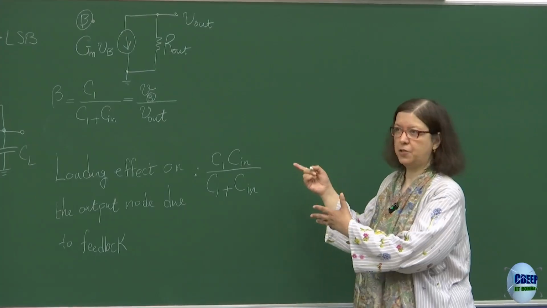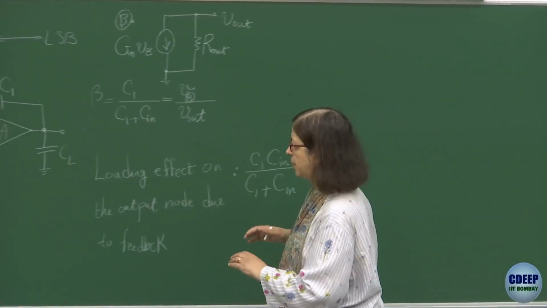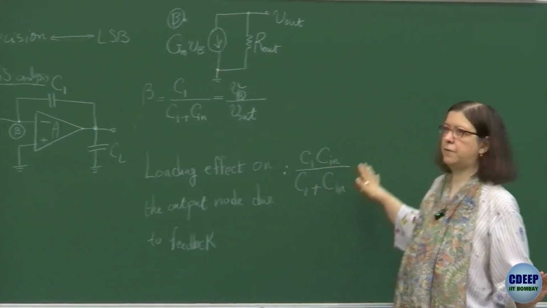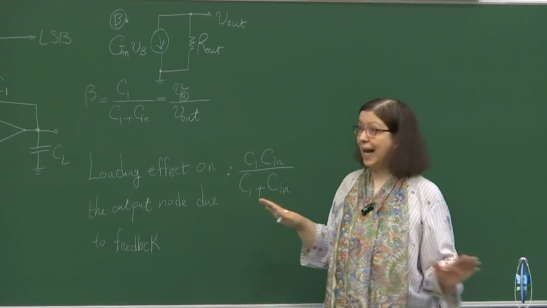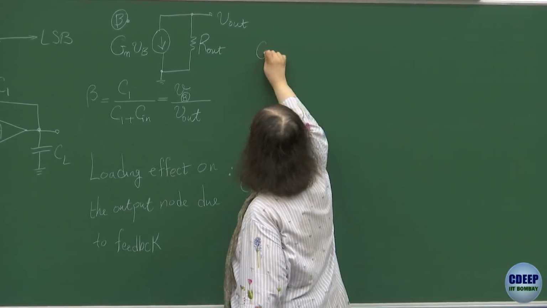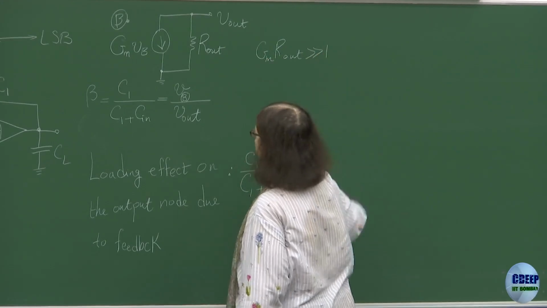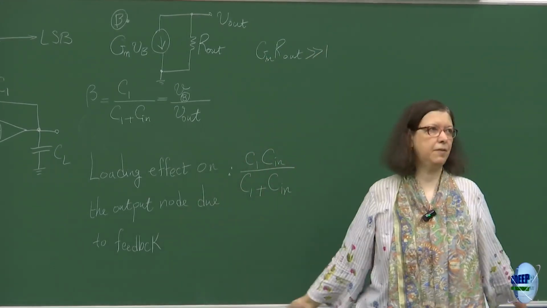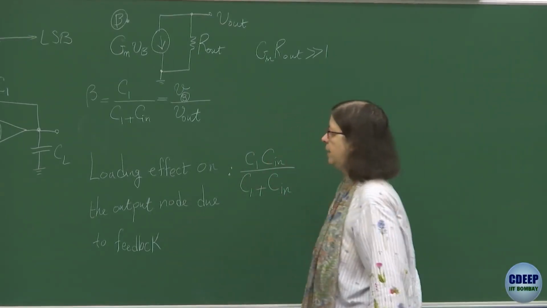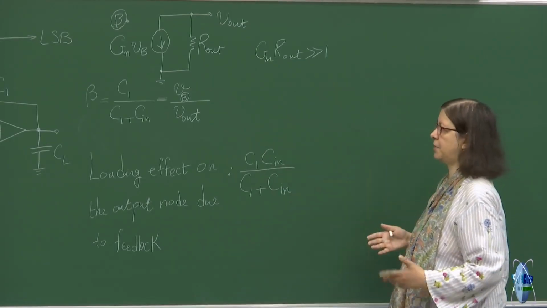That was the simplest version of this op-amp. Keep in mind, the input capacitance and output capacitance of the op-amp are merged in CL and Cin. Therefore, the internal model is independent of frequency. And the gain is high enough, so gm ro is quite high. We cannot make it low. If you make an op-amp with a gain of 10, it will not work, so you definitely need a gain above 100. That is the meaning of high enough. So this is a valid assumption that we can easily use.